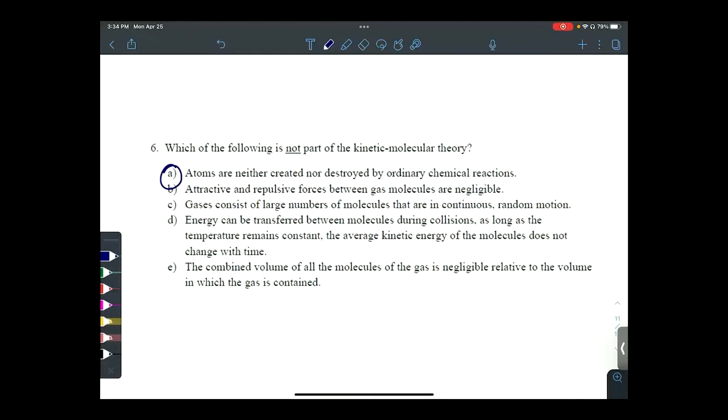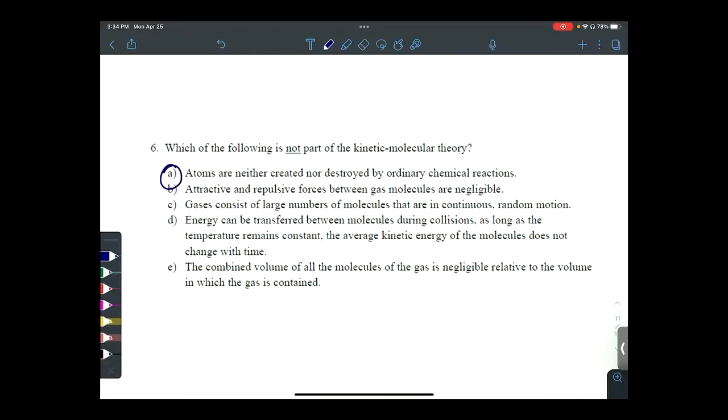B, attractive and repulsive forces between gas molecules are negligible. That's true, especially for the ideal gas law. That's one of the tenets that breaks down when we get to real gases. C, gases consist of large molecules that are in continuous random motion. Yes, that's tenet number 1 of KMT. D, energy transferred between molecules does not change, meaning they're elastic collisions.